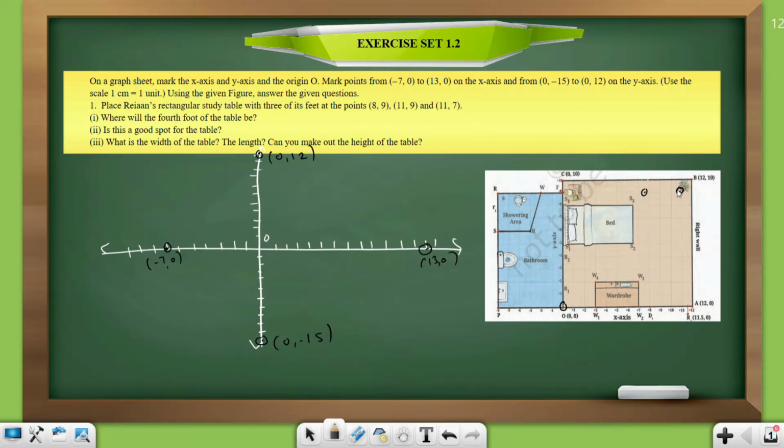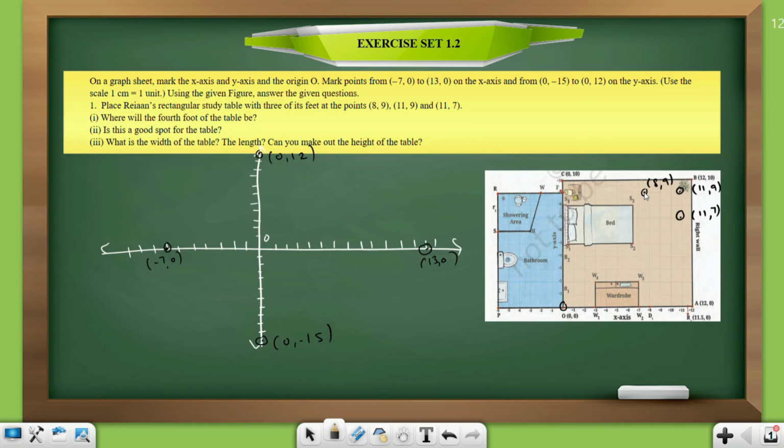This is our next point (11, 9), and the next one is (11, 7), the same 11 with y coordinate 7. So this is (8, 9), (11, 9) and (11, 7).